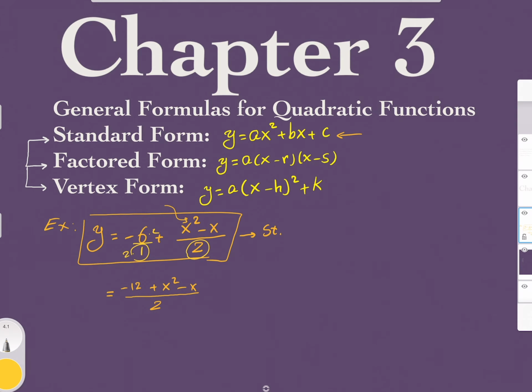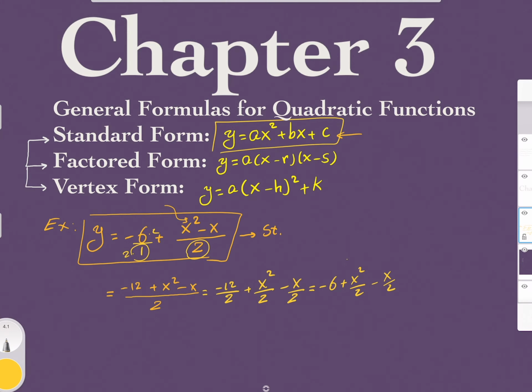In the standard form, there is no denominator, so I will break this down to -12 over 2 plus x squared over 2 minus x over 2. This will be equal to -6 plus x squared over 2 minus x over 2.